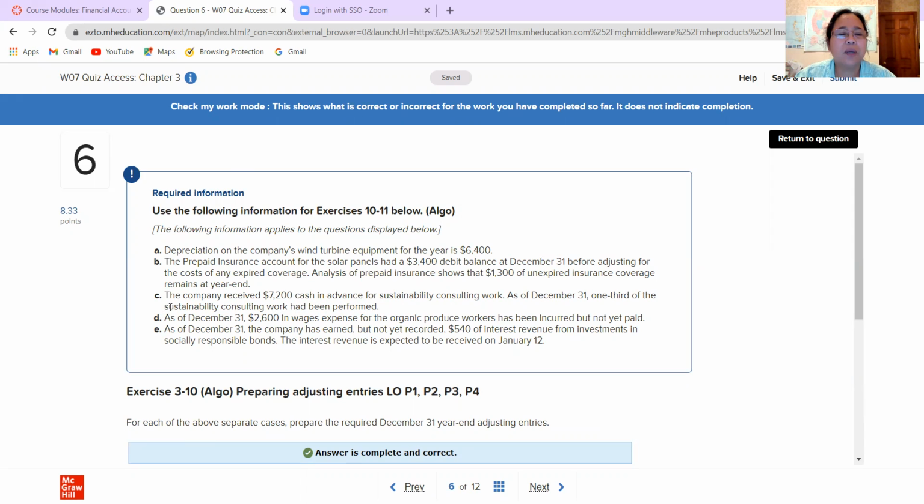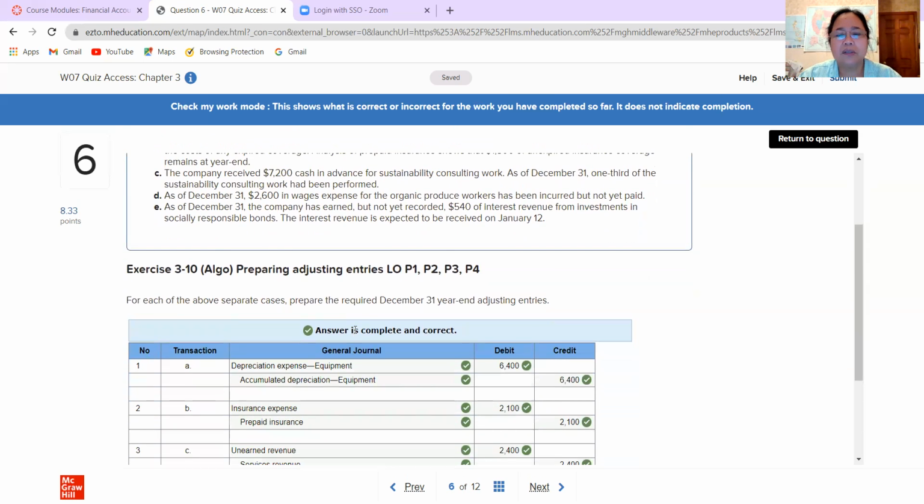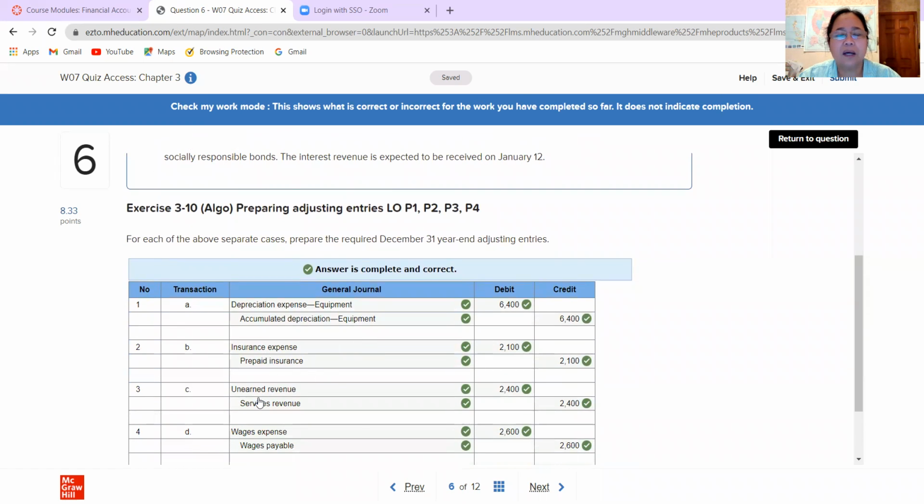So in this situation, I multiplied 7,200 cash by 1/3, or divided by 3. So the total is 2,400.